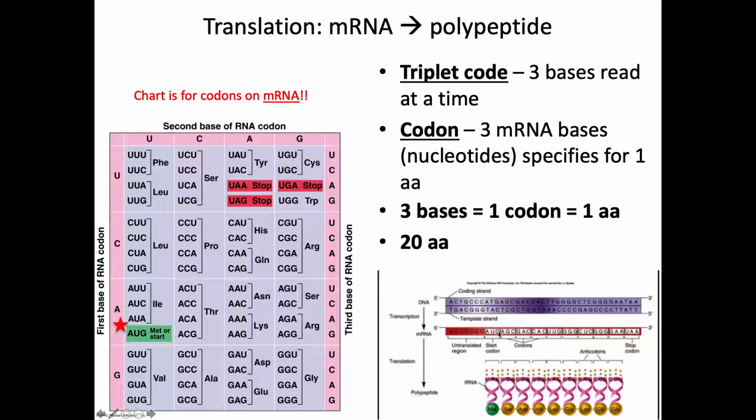So this is a codon, this is a codon, this is a codon, etc. The start codon will tell the ribosome where to start translation, and then you have a stop codon to tell the ribosome when to stop translation.